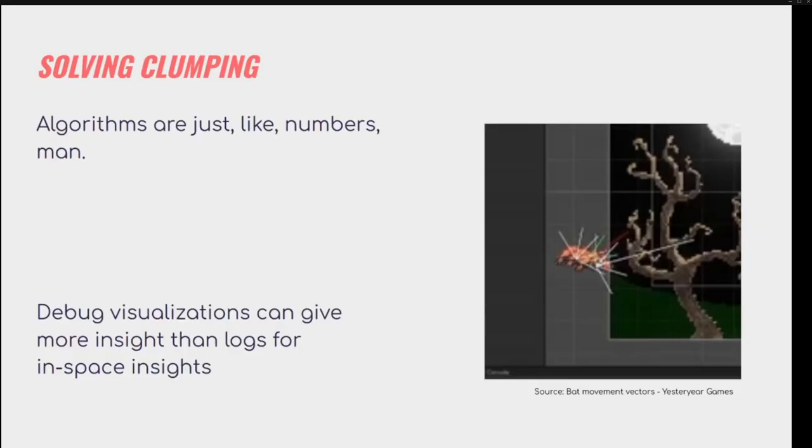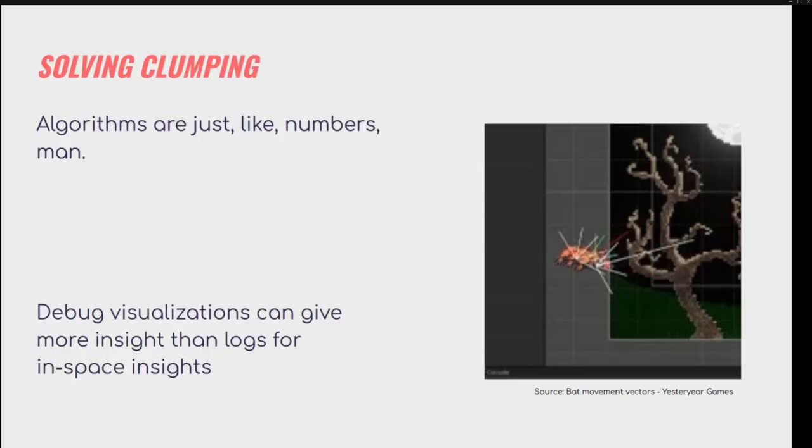Then for solving the clumping, it was difficult because a lot of these movement algorithms, like I said, if you try to debug them through debug log, it's just going to give you vectors and numbers, and knowing which bat is moving in which vector visually is a nightmare. It's not viable. So for that, we again didn't have to create custom tools.